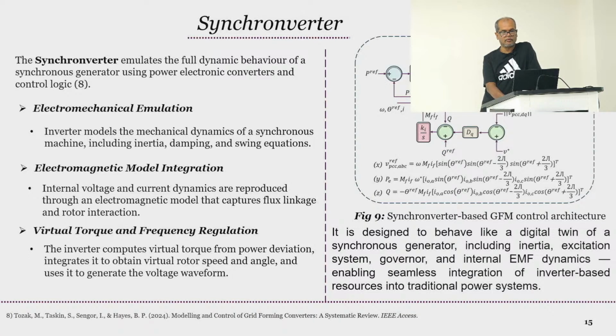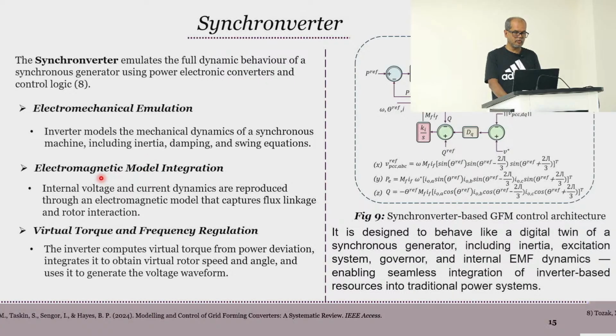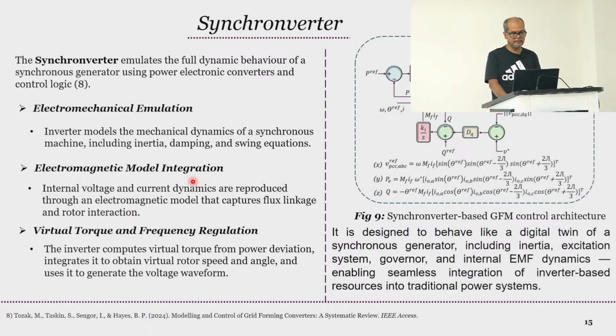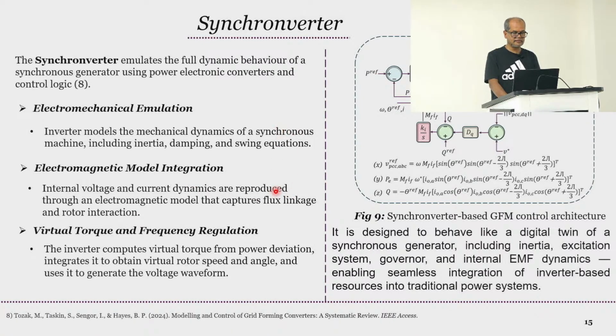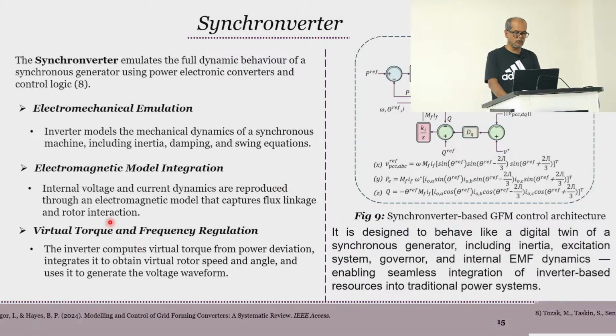Then our desired signals, omega and theta, we apply to the converter. Here again, it's not only electromechanical, which is only for damping and swing, but also electromagnetic, which does involve internal voltage and current dynamics, because we are trying to capture flux linkage and rotor interaction.